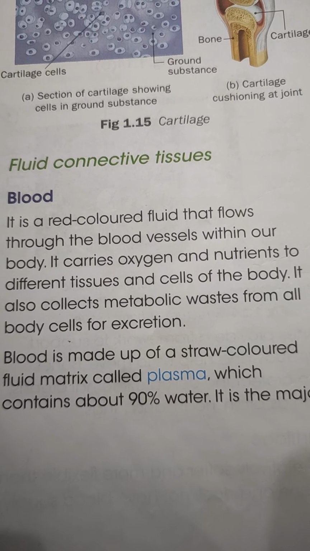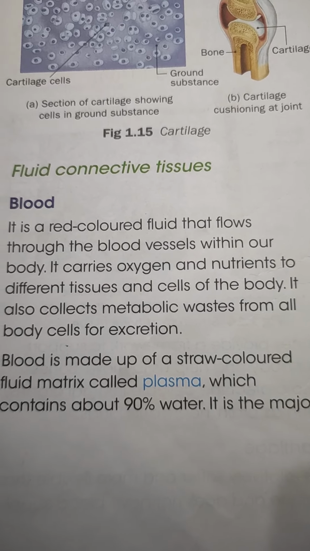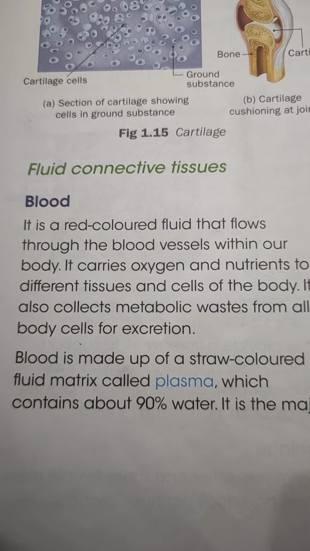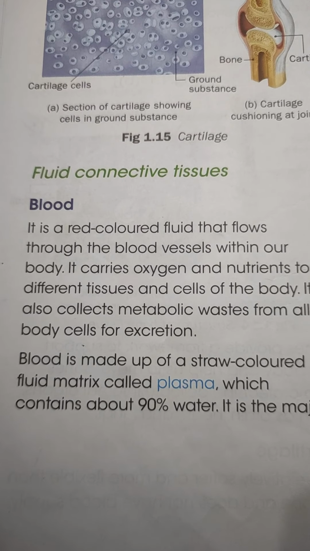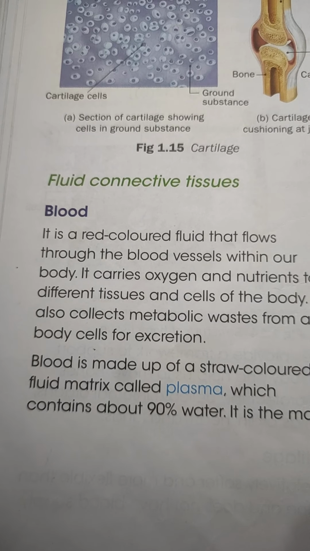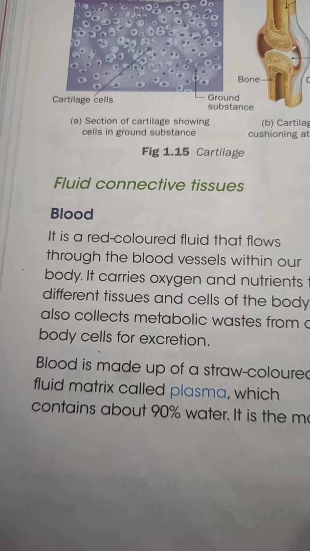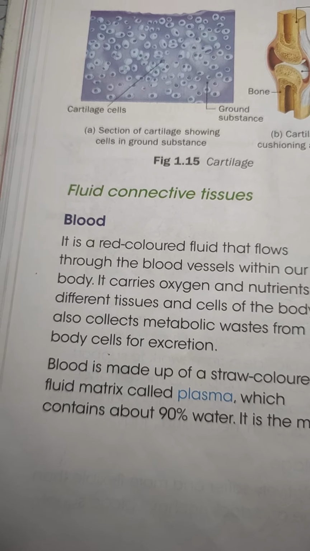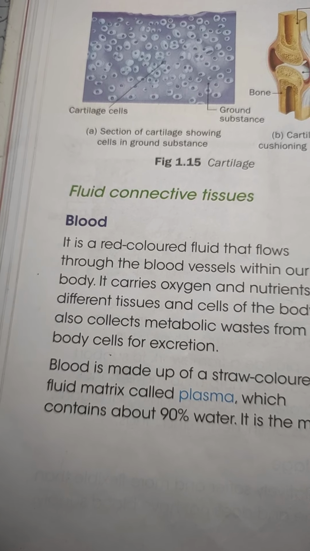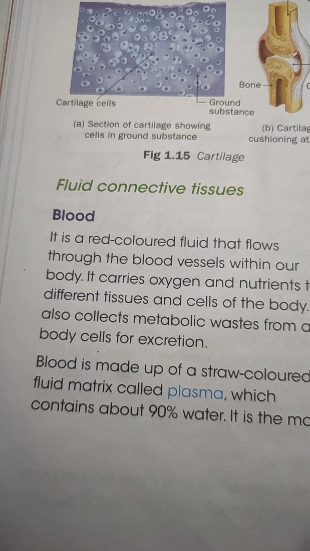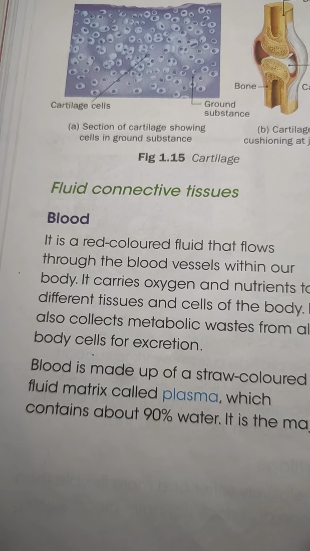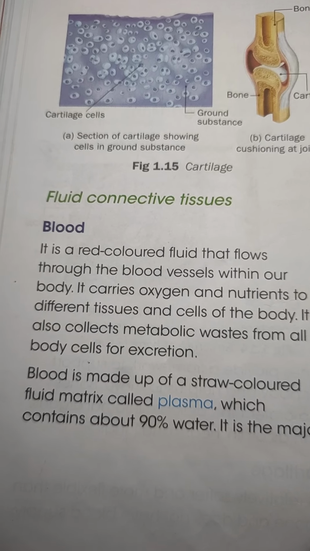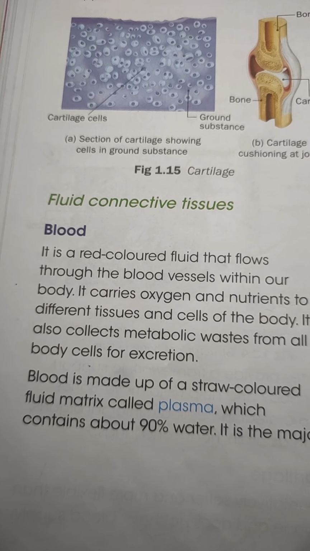So the function of blood is to carry carbon dioxide and oxygen within the body, to and from every cell. In every cell, oxygen is needed for respiration, and as a result of respiration carbon dioxide is released, which also has to be carried and exhaled out.